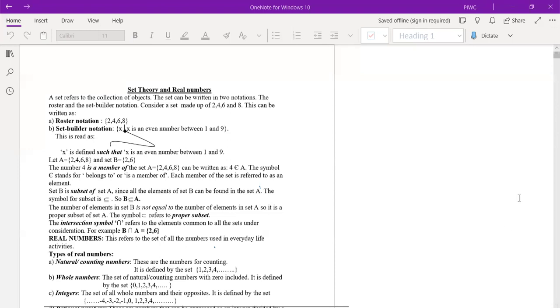So when you say a set, it refers to a collection of objects. Now the set can be written in two notations.